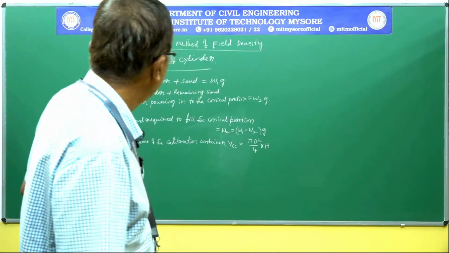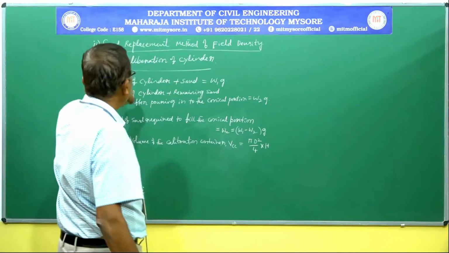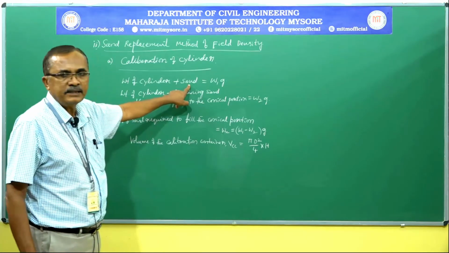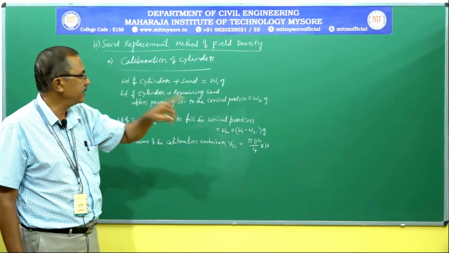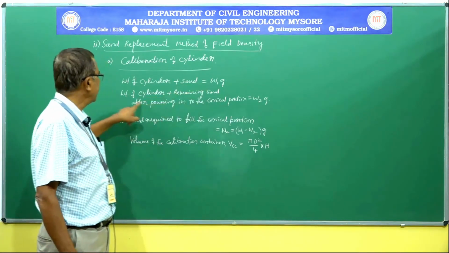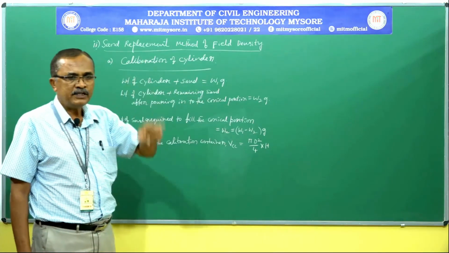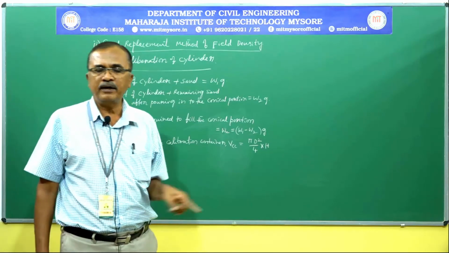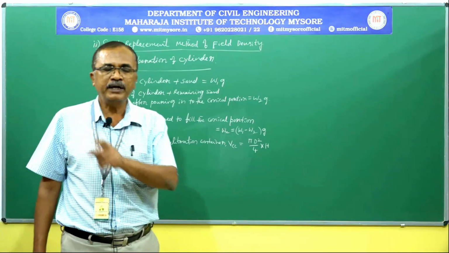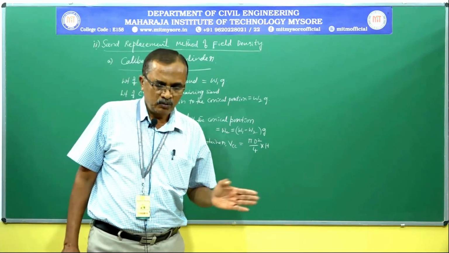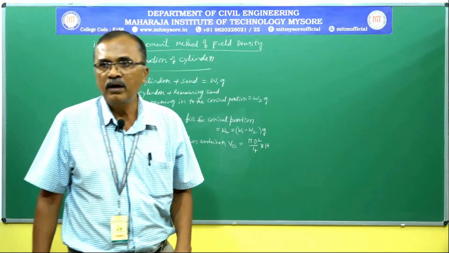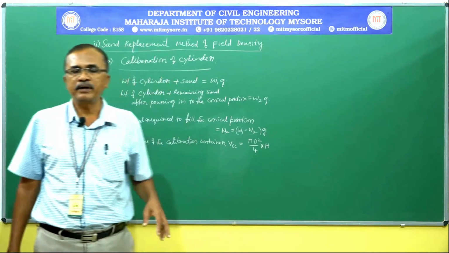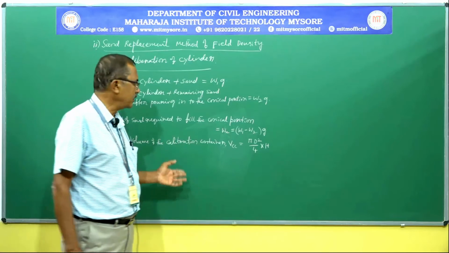Next, in the first operation we have filled the cylinder with sand, taken W1. The second step is we place the sand pouring cylinder with sand on the glass plate or paper and we operate the shutter to permit the sand to flow on the glass or paper. Then close the shutter.